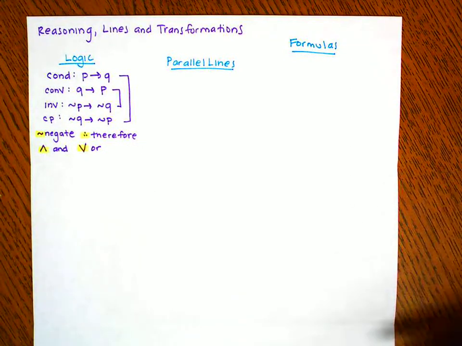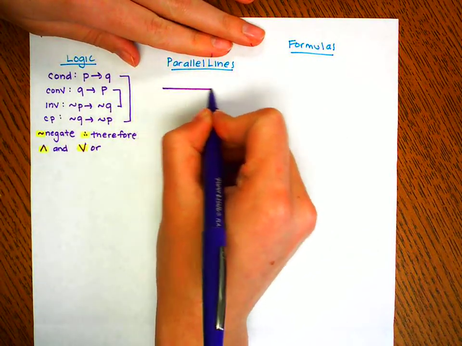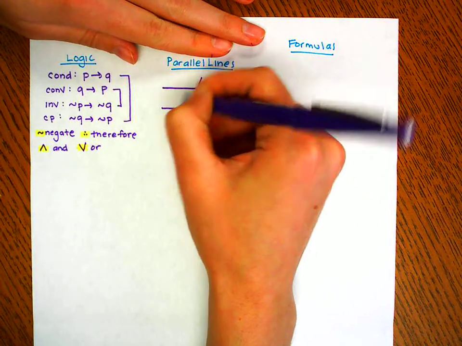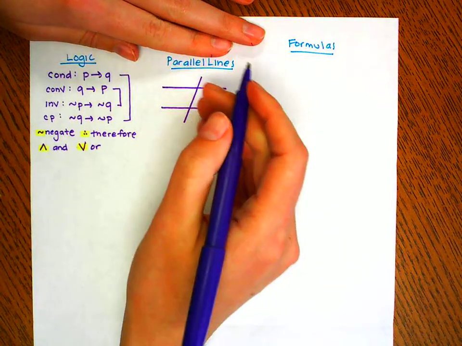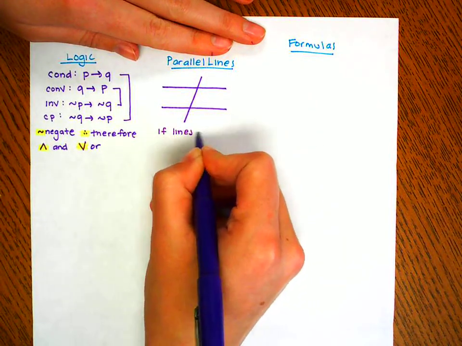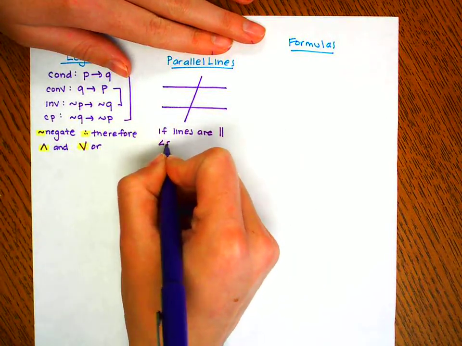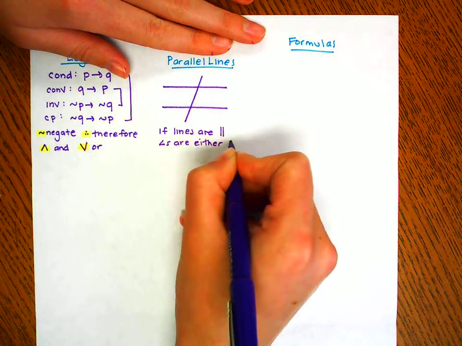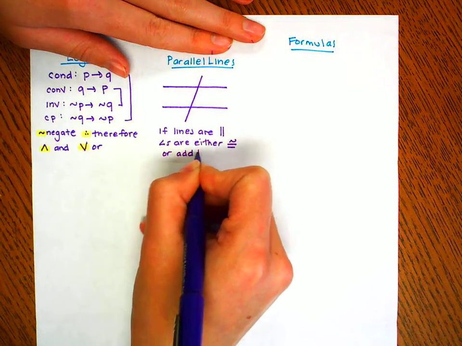When we talk about lines, typically we're talking about parallel lines. And if you guys remember, we said if we have parallel lines, then any two angles made by these lines and the transversal should either be congruent or add to 180. So if lines are parallel, angles are either congruent or add to 180.